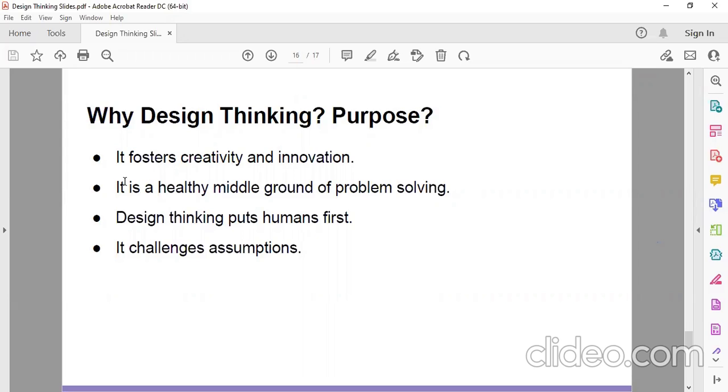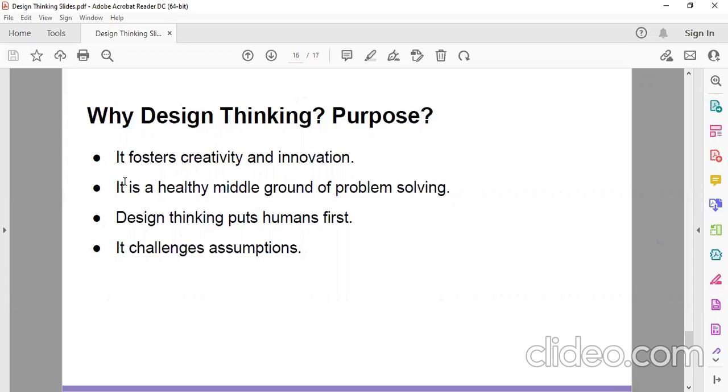So when we think from the side of the user, this is something that they prefer, right? By putting them in the first place, they will get more useful products and it will improve their lives. On the side of the businesses, by putting the people first, we make them more satisfied.